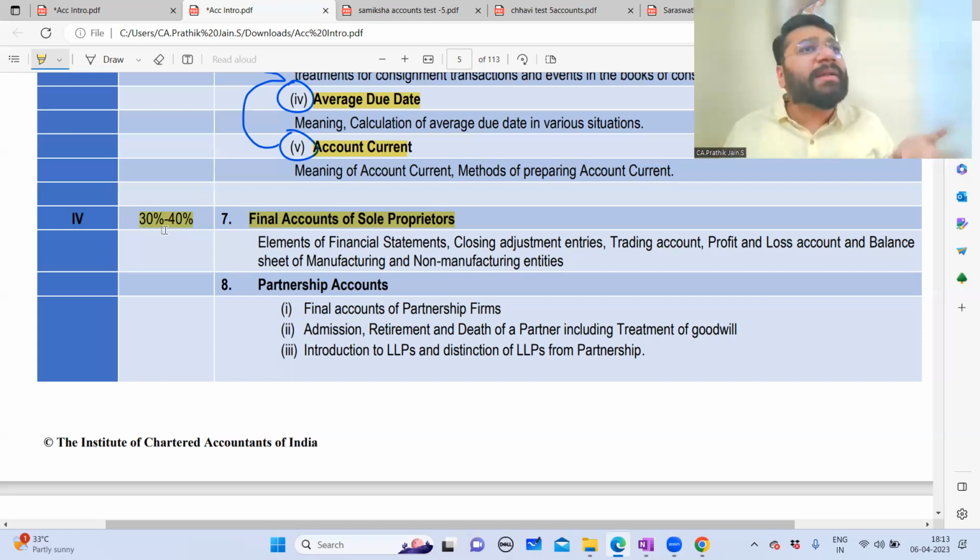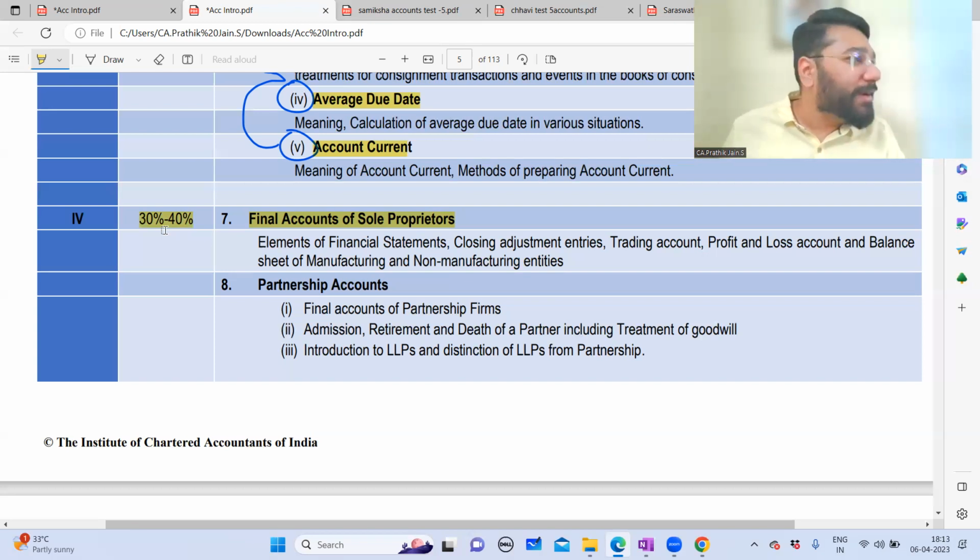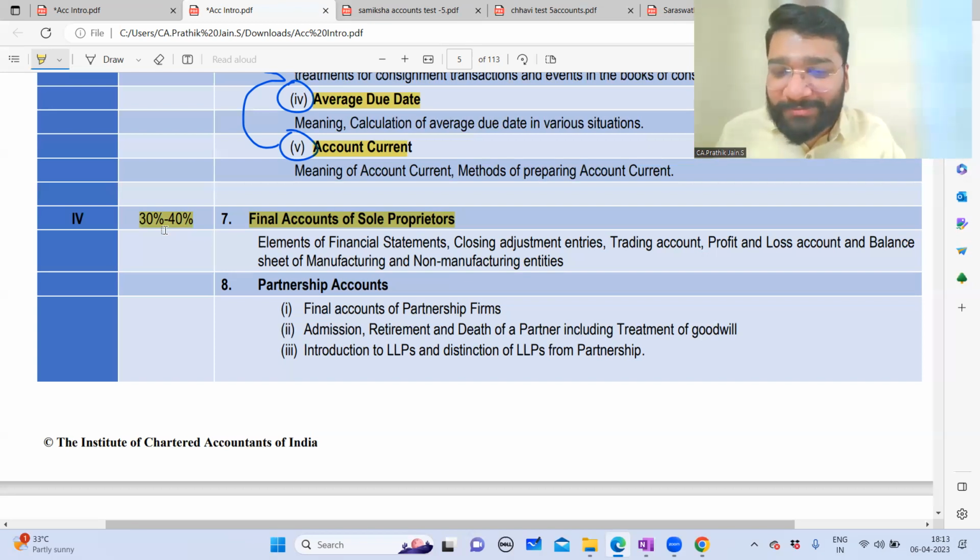Everything we have to study, because our target is what? 100, correct? Because 95 was already scored last batch. 90 was the first record, then the record was taken to 95. After 95, the next step is 100. So when you're aiming for 100, you cannot skip anything. Am I right? Online people, am I right or wrong? You can get 100, right? Yes, sir.